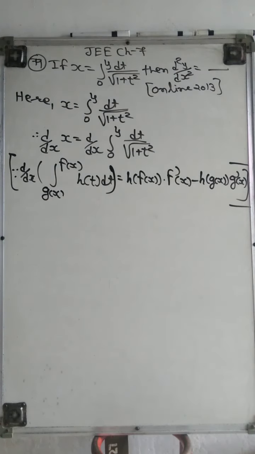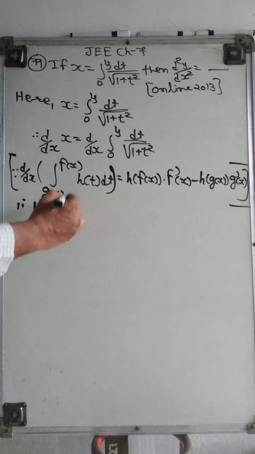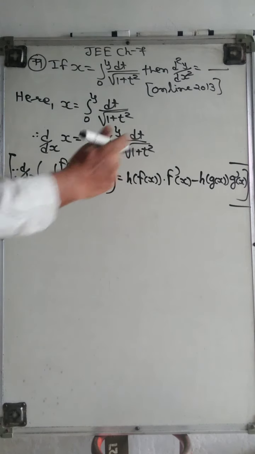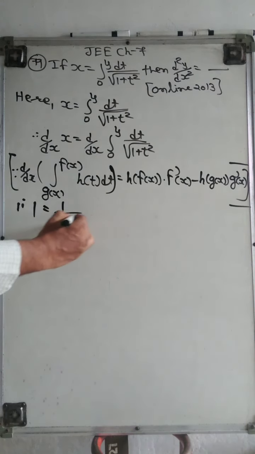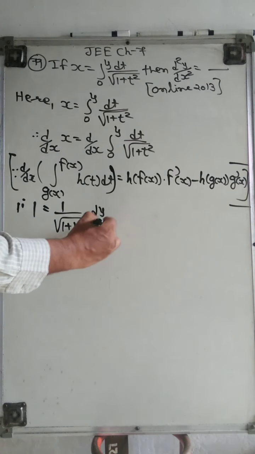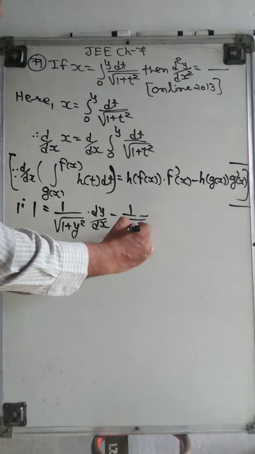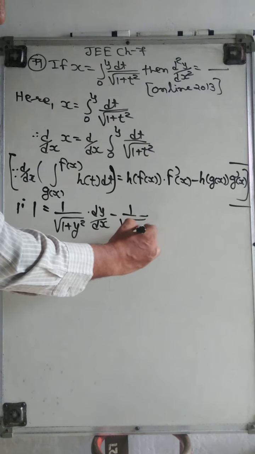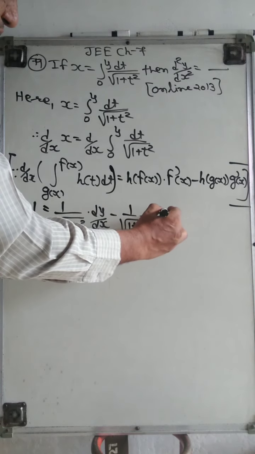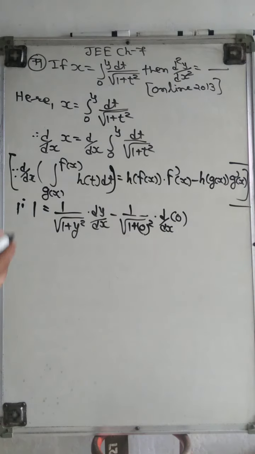Same way here we apply this formula, then we have 1 equal to, first of all, directly 1 upon root 1 plus y square into dy upon dx, minus 1 upon under root 1 plus 0 square into d upon dx of 0, which is 0.